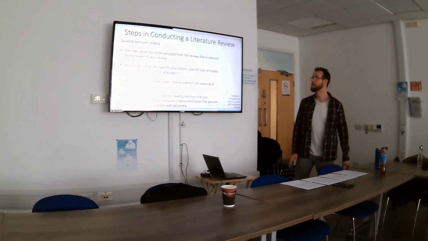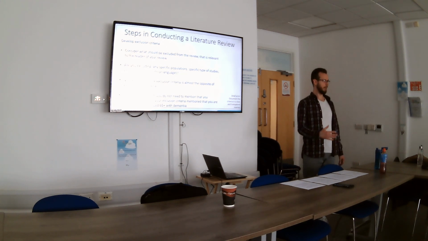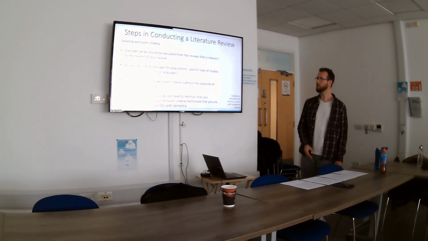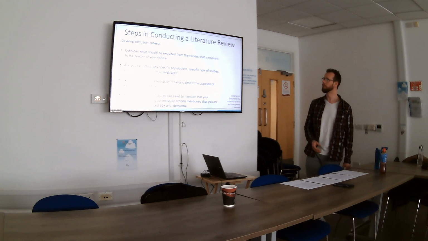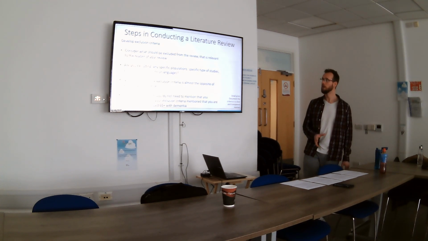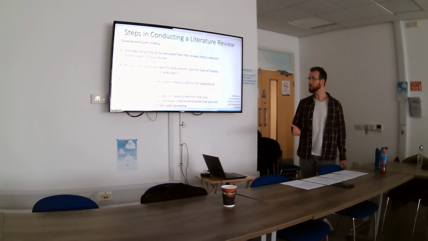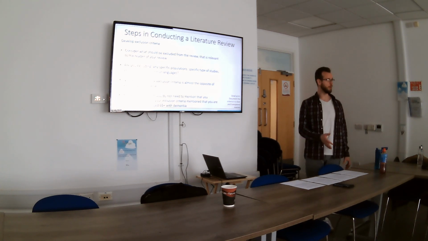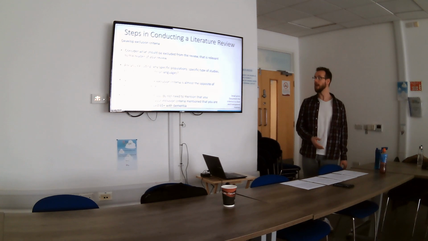And since you have inclusion criteria, we have an exclusion criteria as well. So consider what should be excluded from the review that is relevant to the reader of your review. Are you excluding any specific populations, specific type of studies, geographical locations or languages? And as mentioned there, just notice the trend.